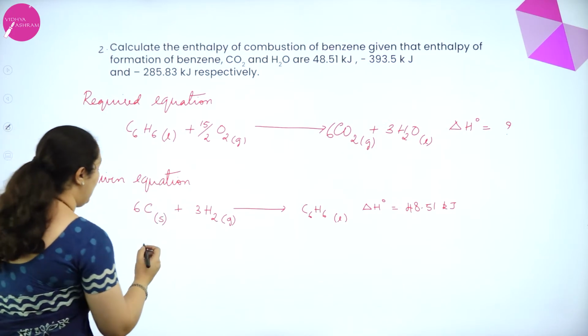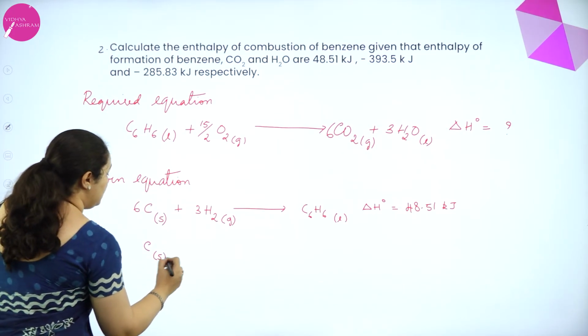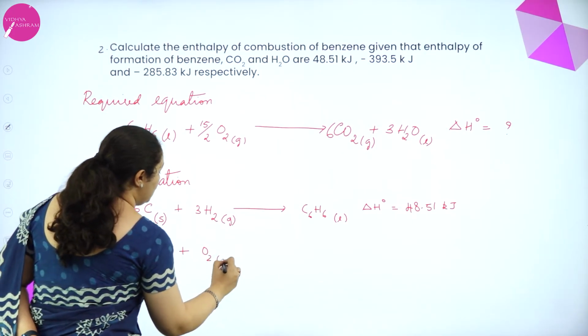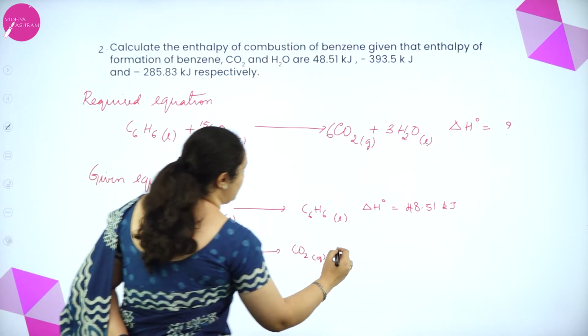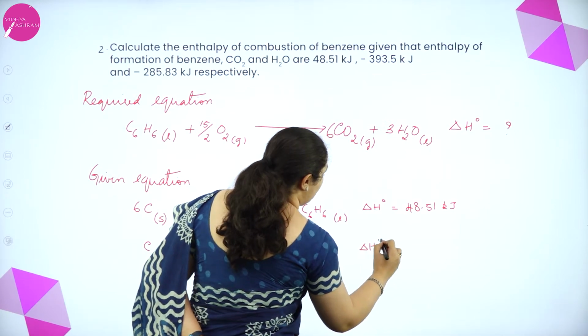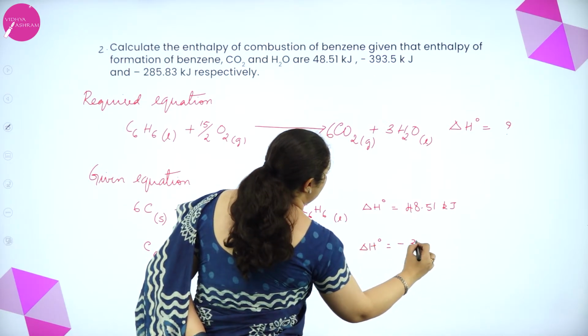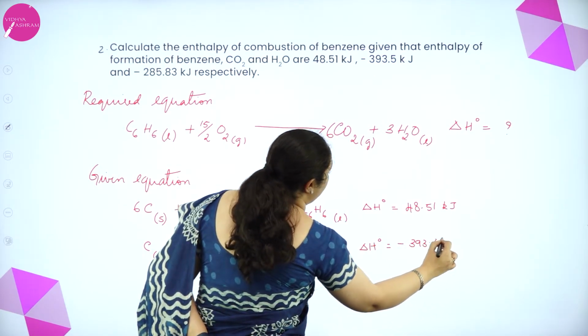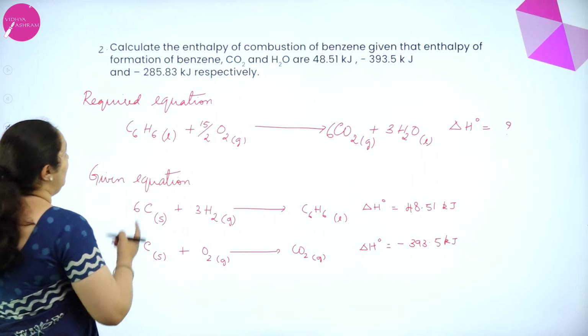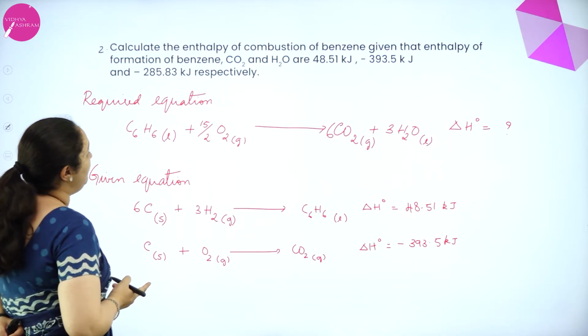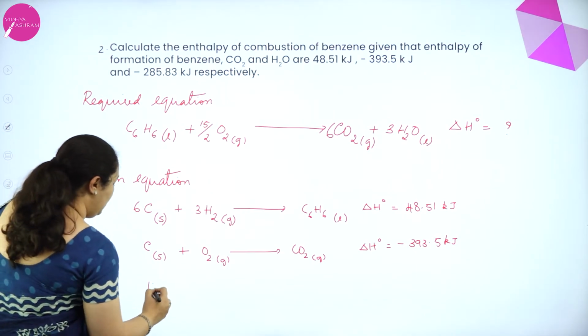Okay. Next, what is given? Enthalpy of formation of carbon dioxide. Carbon in the solid state, oxygen in the gaseous state gives carbon dioxide in the gaseous state, and delta H naught for this is minus 393.5 kilojoules. Okay. Then enthalpy of formation of water.